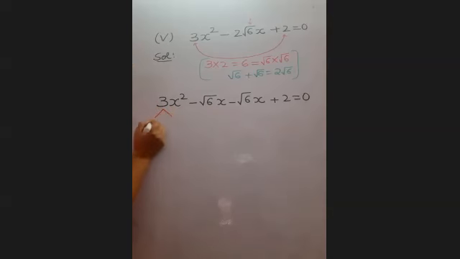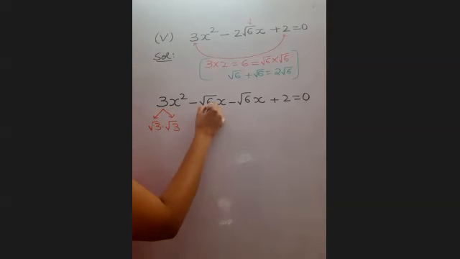Can anybody tell me how can I put 3? Root 3 into root 3. And how can I put root 6? Root 3 into root 2. Getting my point?